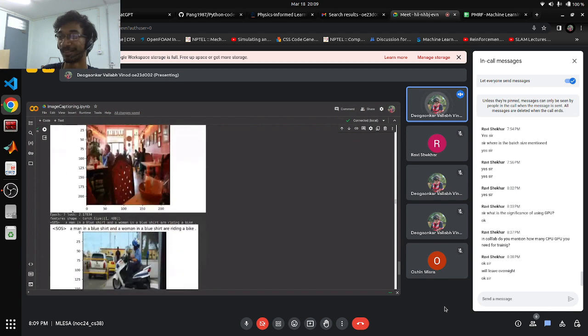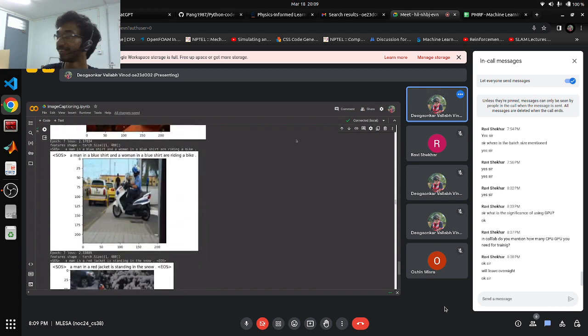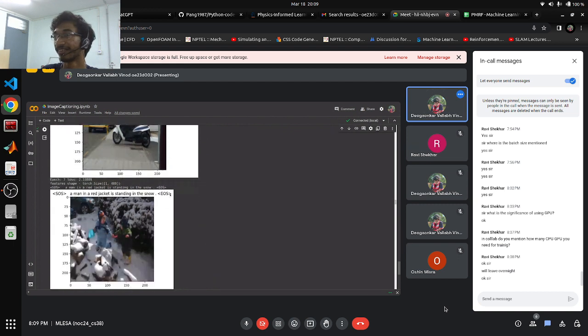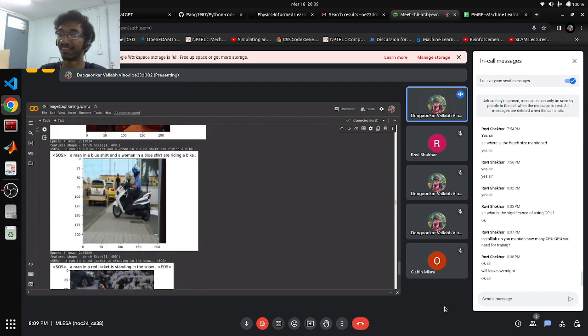It is still messing up on a lot, but here at least it had an understanding of what the riding a bike part of the image actually refers to. As I said at the start, your ultimate goal with image captioning is to find these associations between whatever is present in the image and what to put in the text as the caption.